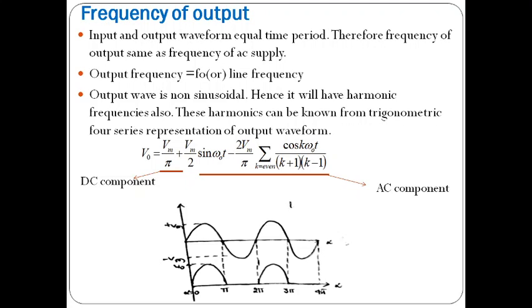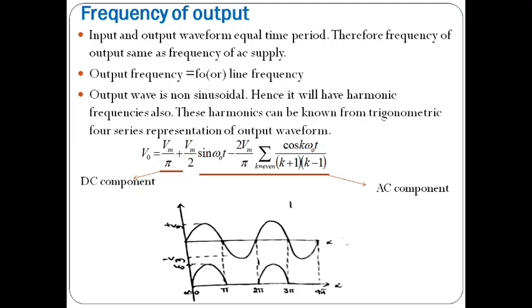When k equals 4, then cos 4 omega naught t. So in this output voltage, we can identify the omega naught frequency term and the 2 omega naught, 4 omega naught, 6 omega naught, 8 omega naught terms.